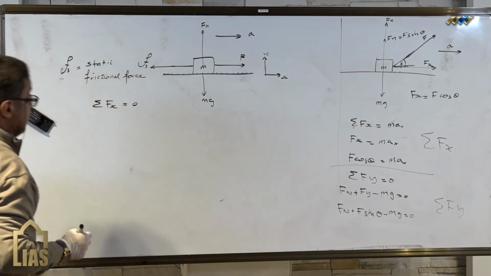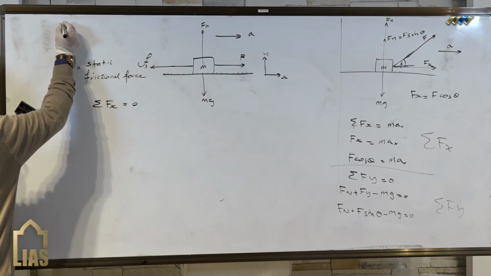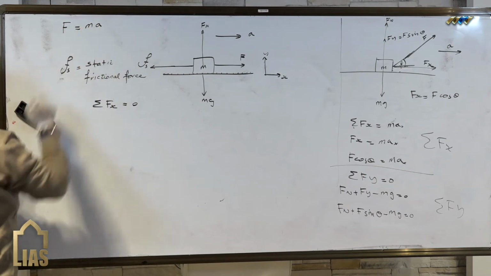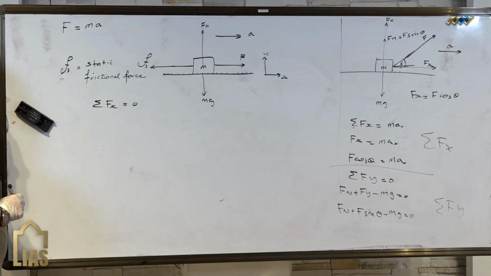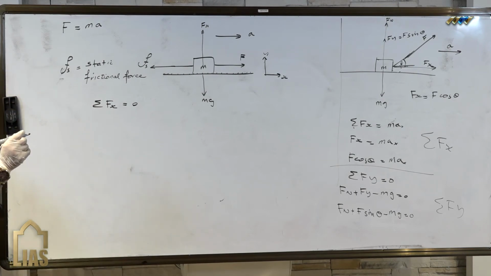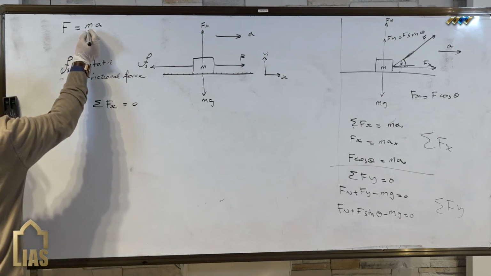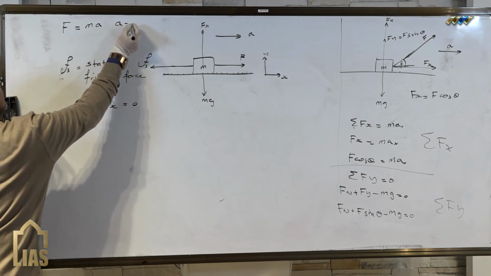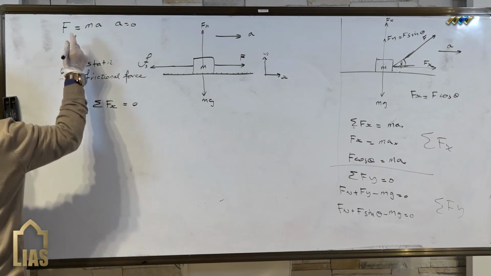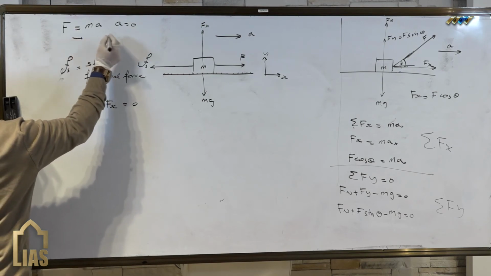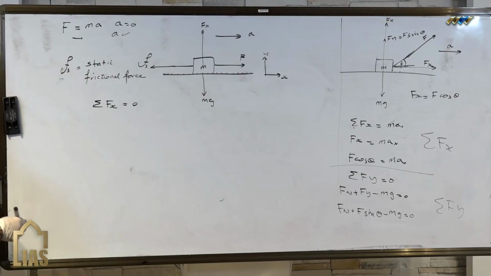I'll just tell you something, maybe it helps you. This is Newton's law. If the body is not moving, then a is equal to 0. If the body is moving, then a has a value.